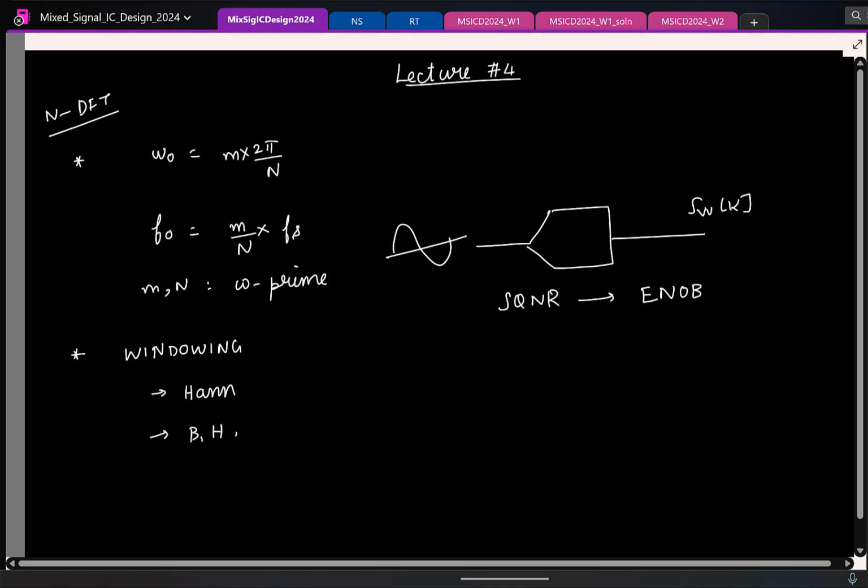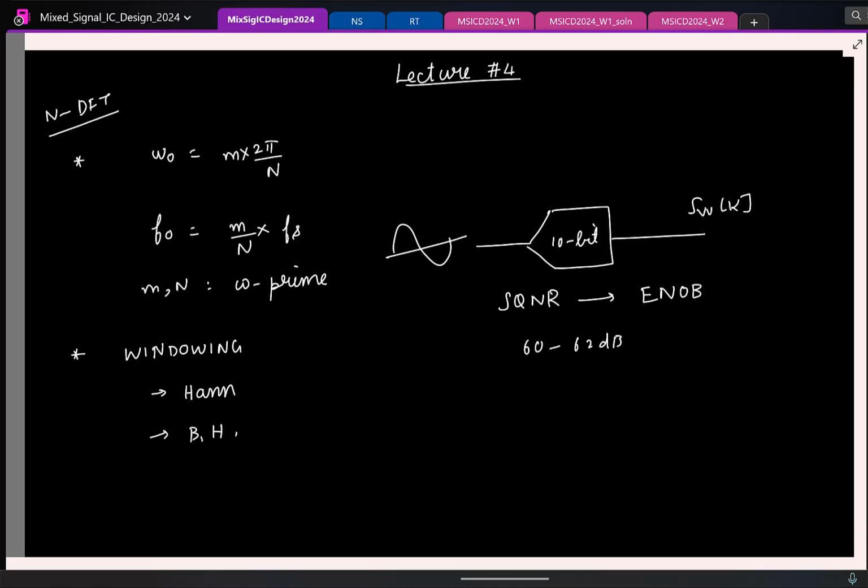Right? Cool. And let's say if this is a 10-bit ADC, how much is the SQNR I expect maximum? About 60 to 62 dB is typically what we expect, right? 6n plus 1.76, right?